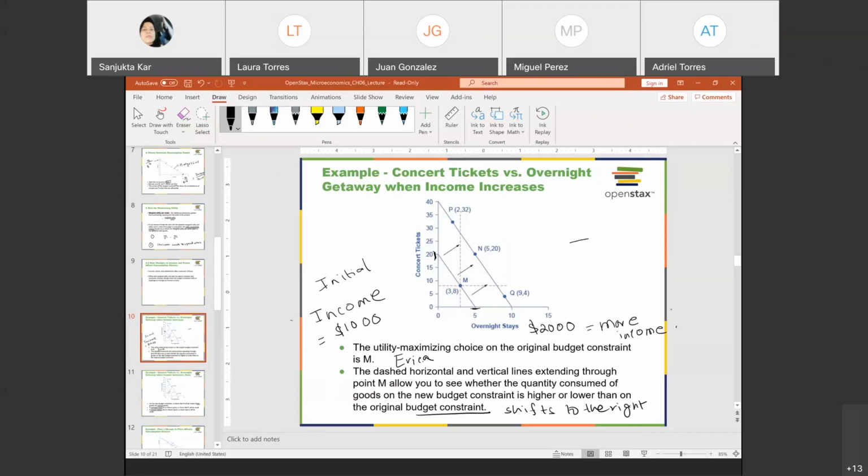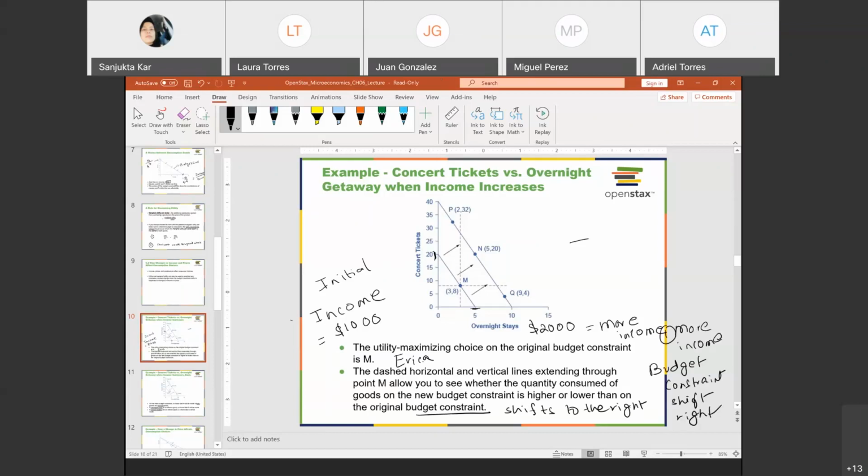So if your income is going to increase, this whole budget constraint is going to shift to the right.